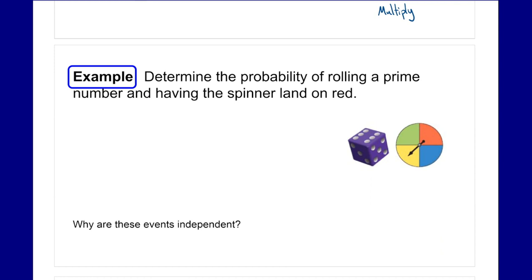So, determine the probability of rolling a prime number and having the spinner land on red. So the key word here is "and." One event and another. So this should indicate we are going to be multiplying our 2 probabilities together.